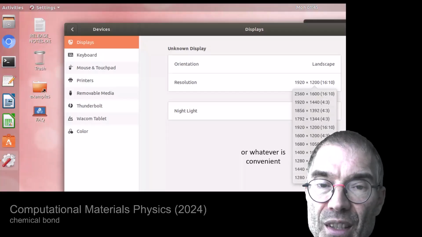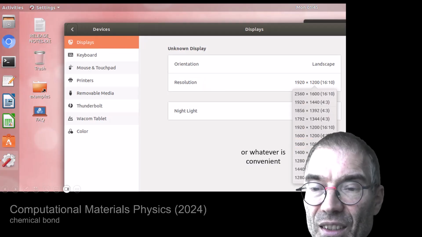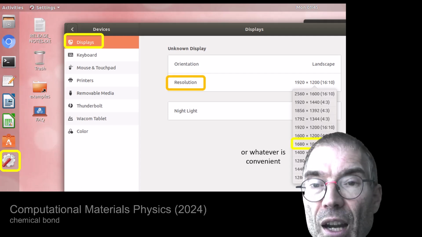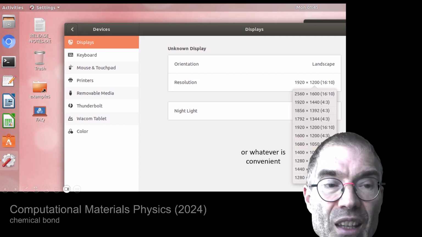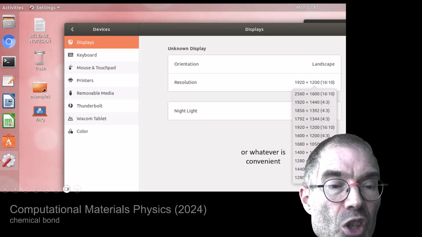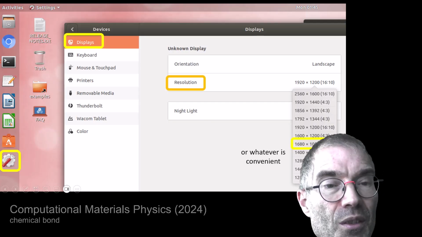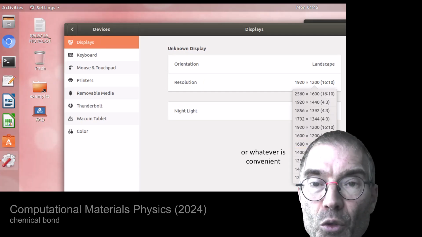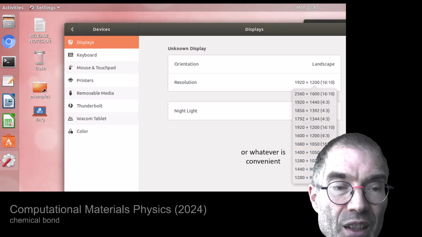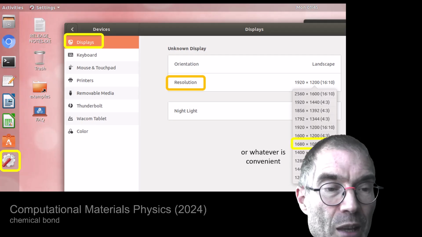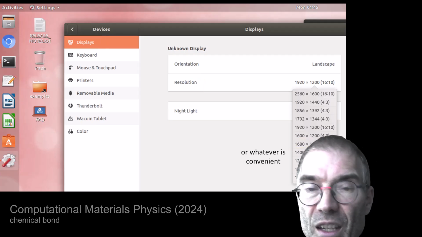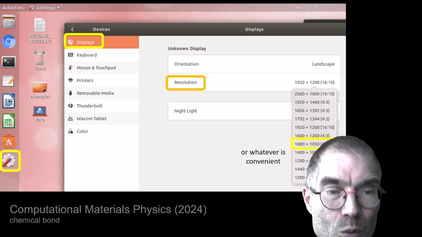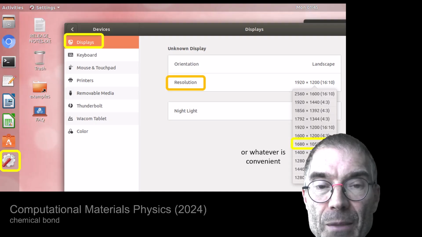If that happens, then take the settings from your Quantum Mobile, displays, resolution, and then change the resolution of your Quantum Mobile on your computer, and if you choose the right value, you can try a few of them, then the entire window will be visible on your screen.